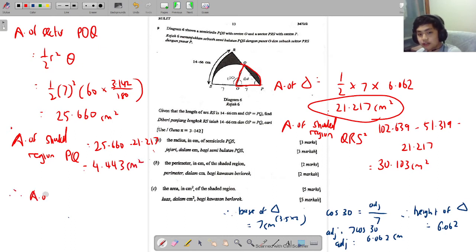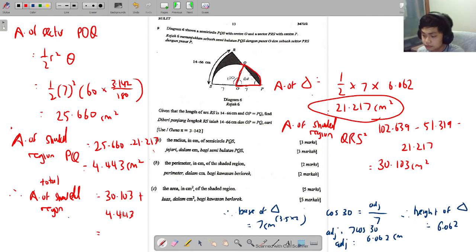Therefore, the area of the shaded region in total is 30.103 plus 4.443. So that is 34.546 cm square. Right, probably 34.55 if you want to round it off.